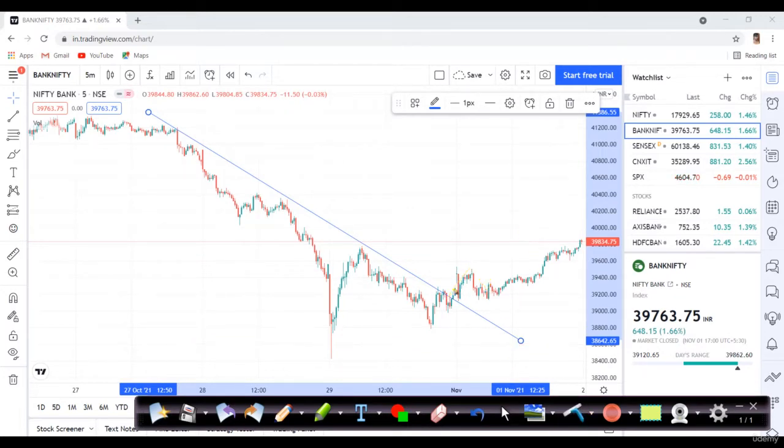But whenever the market breaks the trend line, always remember, just wait for the retest. Retest in the sense, let me change the color of my pencil. See, if the market breaks this, the market needs to touch this. What a retest means is, whenever the market breaks any key support, resistance or trend line, it will not move directly upside like this one.